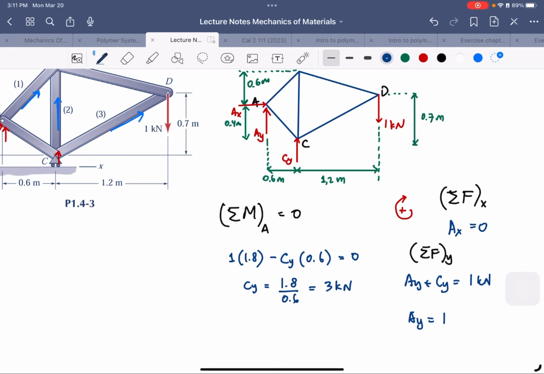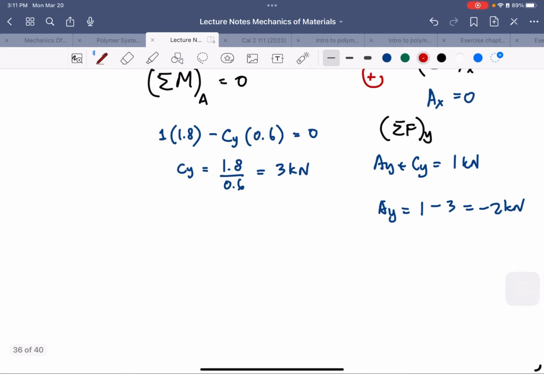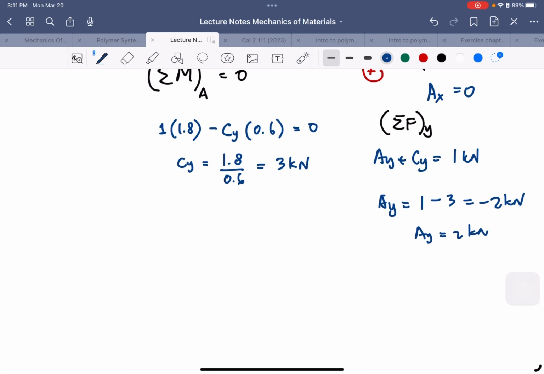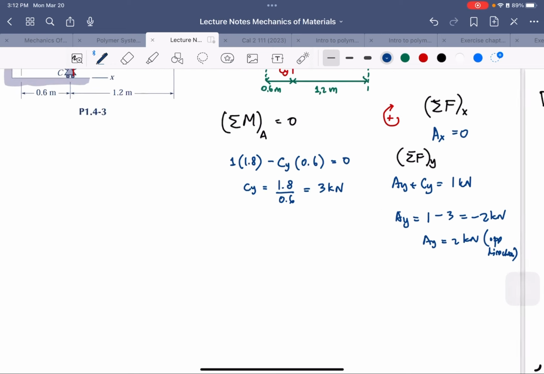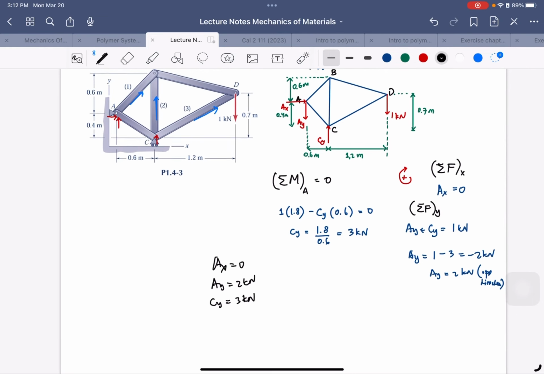Ay is negative, so 1 minus 3, so minus 2 kilonewton. I made the wrong arrow, so it should go there, going up. So we take Ay as 2 kilonewton, upward direction. So Ax is 0, Ay is 2, and Cy is 3. That's the supports at A and C.